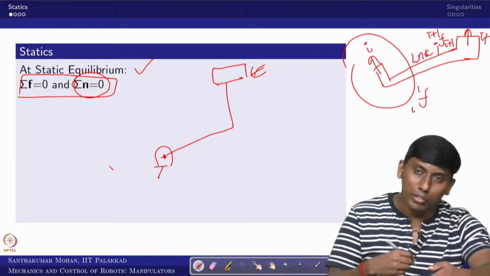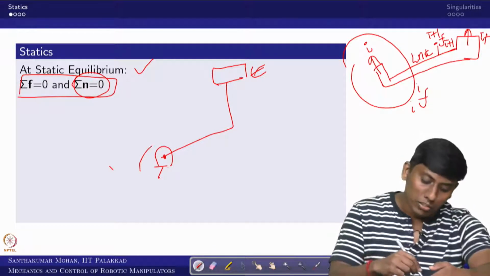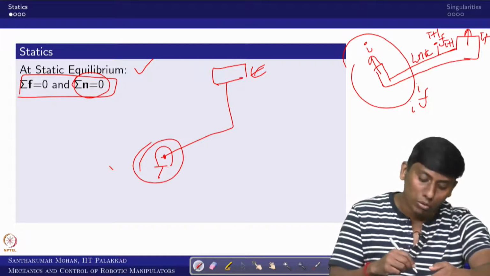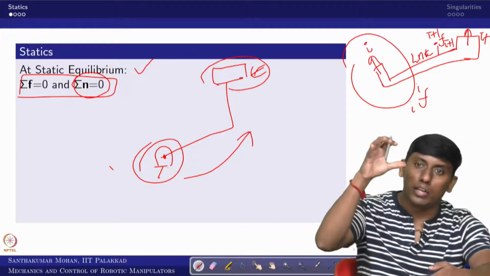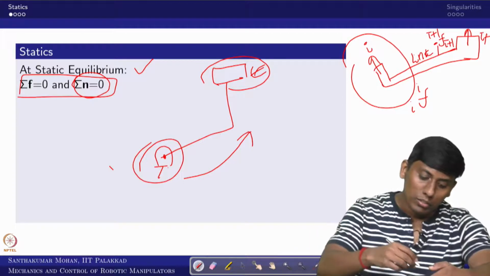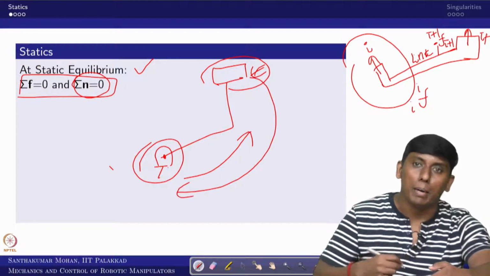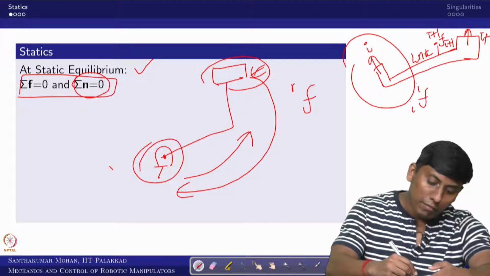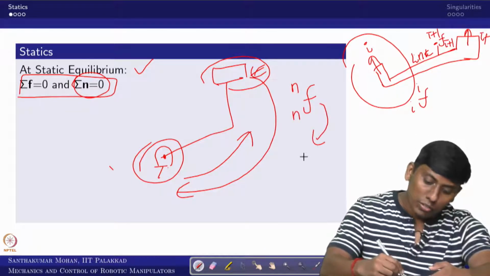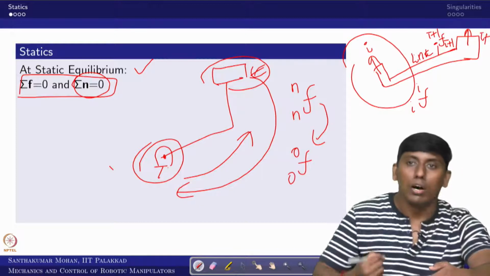We said that velocity propagates from the base, because the base velocity and acceleration are known, so we do a forward propagation. In the same way, the end side, your task end, is known. So from there we try to come back. That is why it is a backward propagation. If you have f n, can I find f 0 or not?